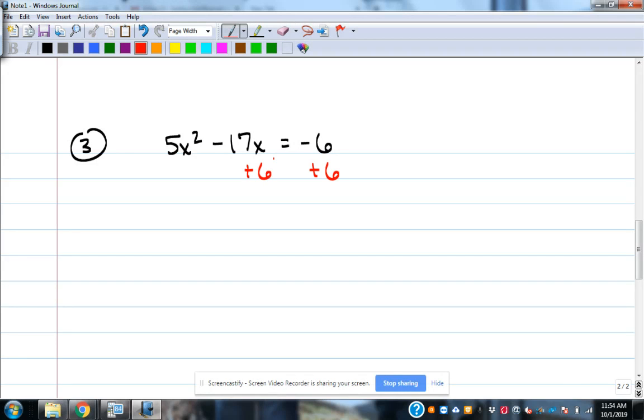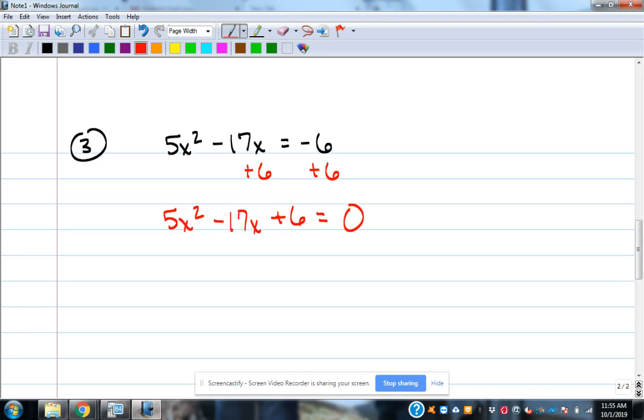Technically, it wouldn't be wrong to move the 5x squared and the 17x, but why would you do two things when you can do one? So 5x squared minus 17x plus 6. I rewrote that in descending order just to make sure it was there. And now I can start doing my factoring rules.